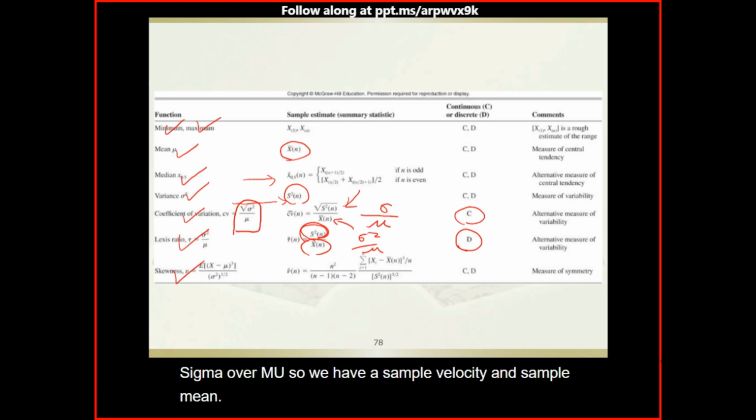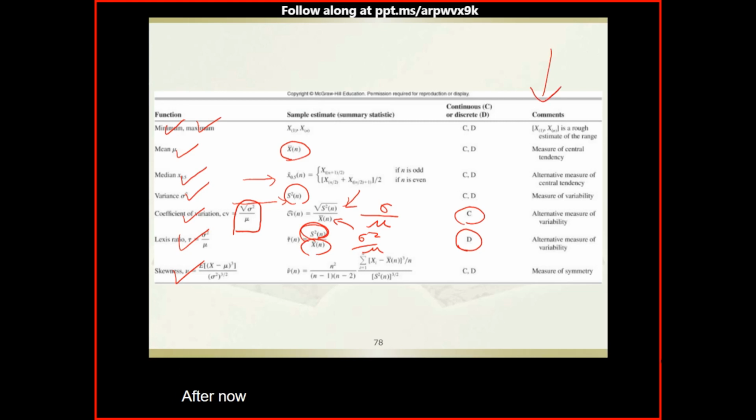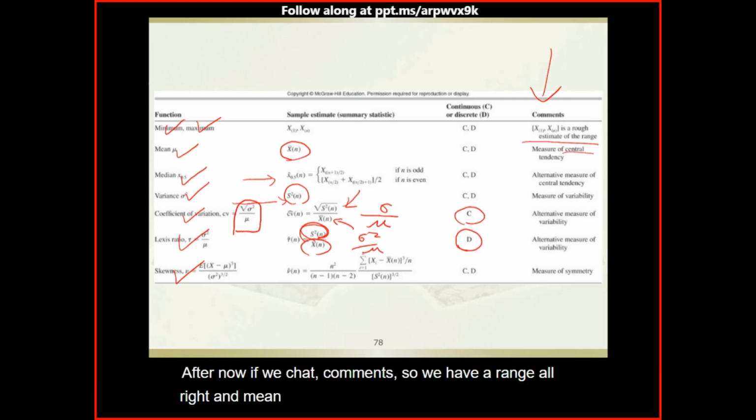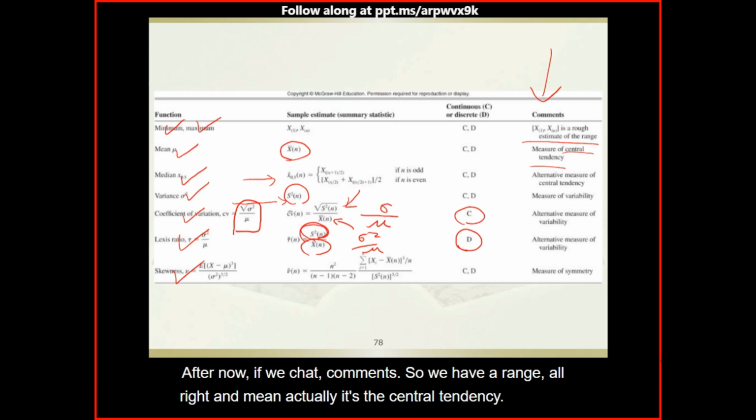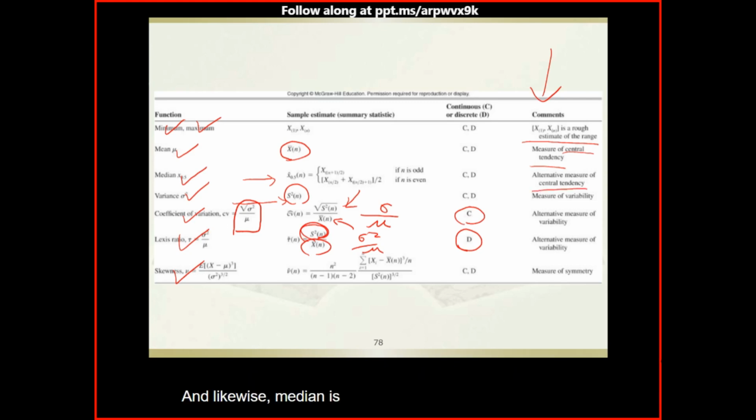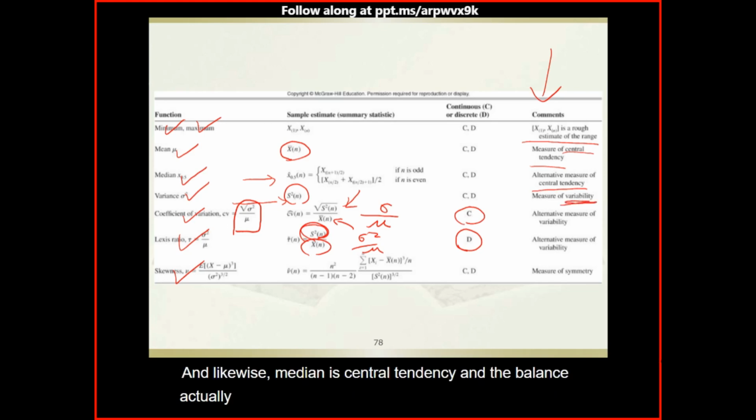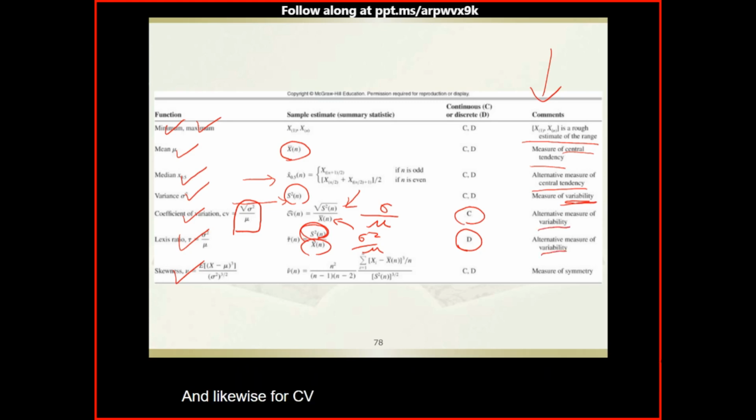Up to now, if we check the comments, we have a range. Mean is the central tendency. Likewise, median is central tendency. And the variance is variability. Likewise for CV, variability. Finally we have skewness.